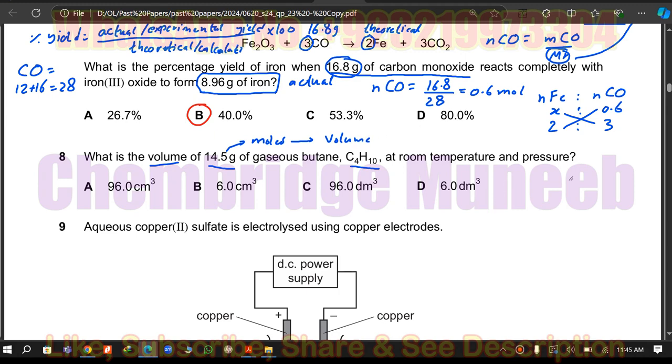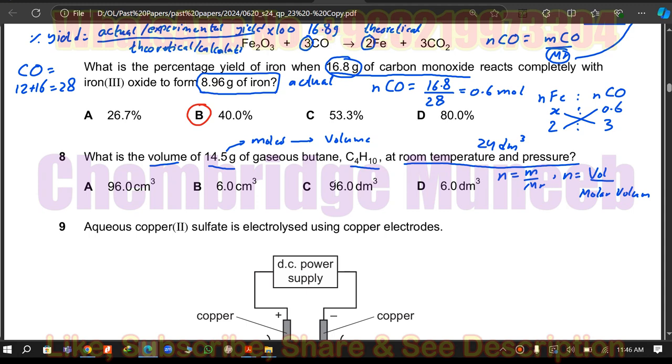We can use two formulas here and also equate them. We know that moles is equal to mass over Mr, and also we know that moles in terms of the volume is volume of the gas divided by molar volume, where the molar volume at room temperature and pressure is equivalent to 24 dm cube.